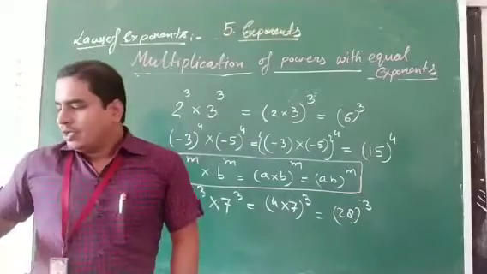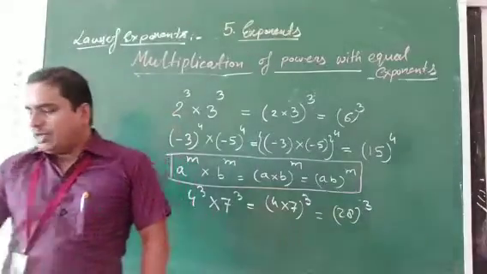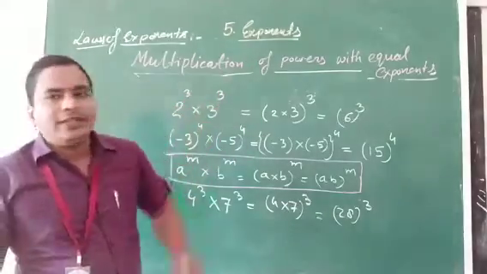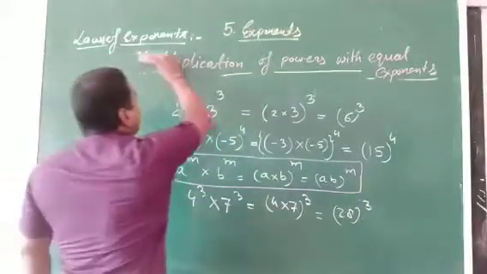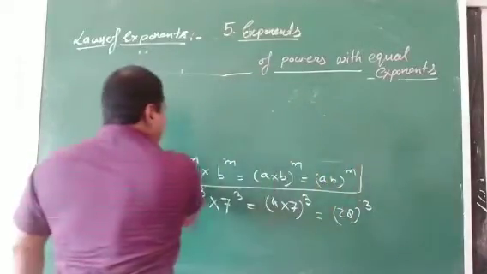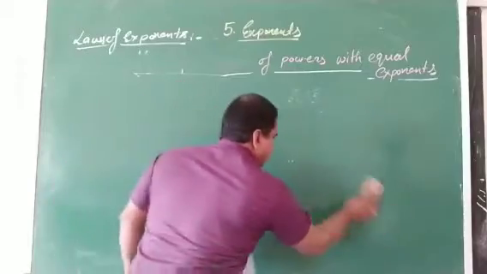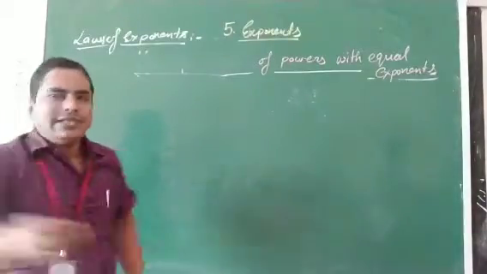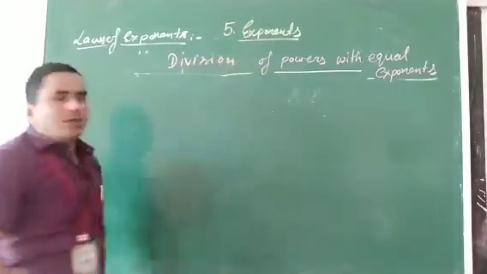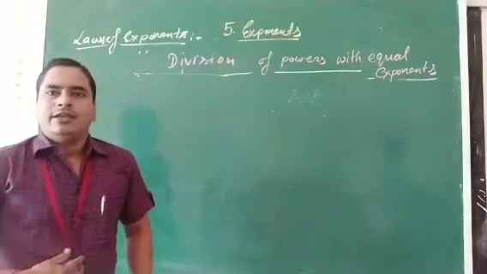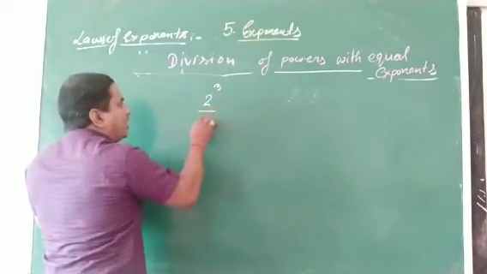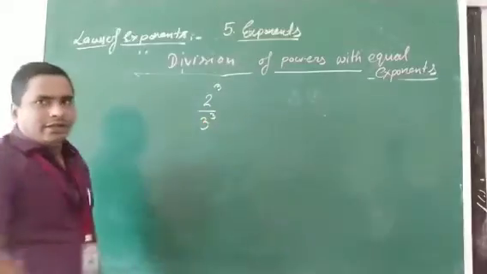Okay students, now we will proceed to the next rule, division of powers with equal exponents. See here, suppose we divide 2 to the power 3 upon 3 to the power 3.